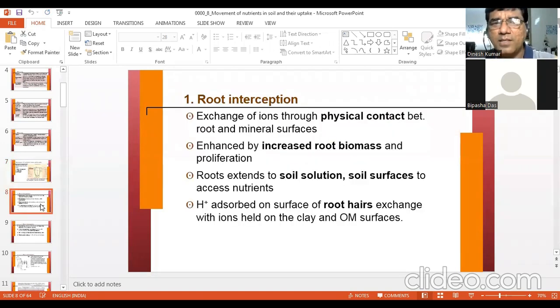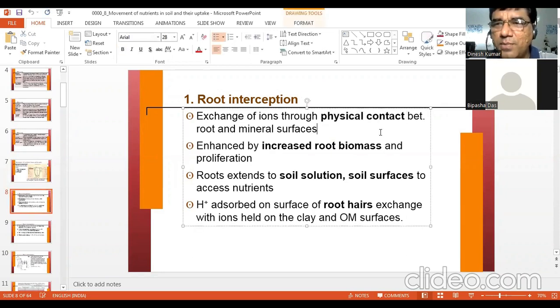Now we study root interception, how it happens, how the plant will take up nutrient directly from the solution. So exchange of ions through physical contacts. First, they will come in contact with each other. Exchange of ions through physical contacts between root and mineral surface, enhanced by increased root biomass.